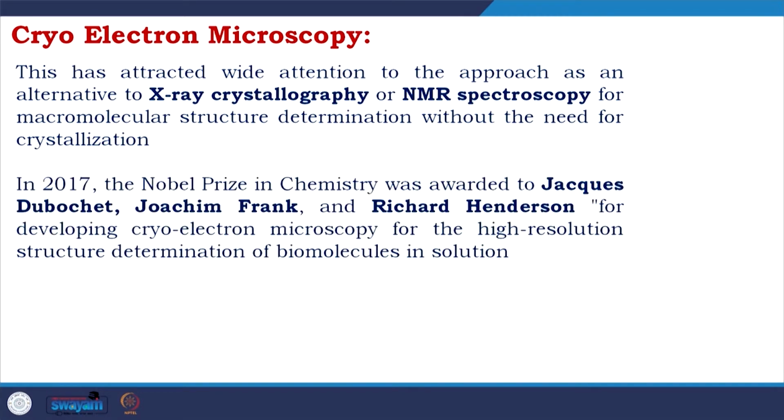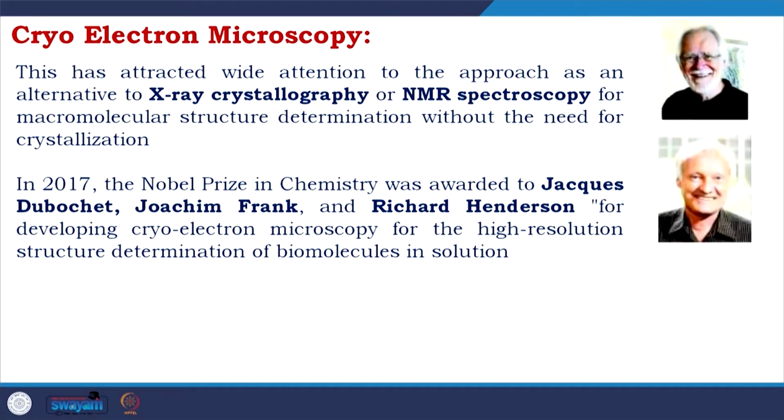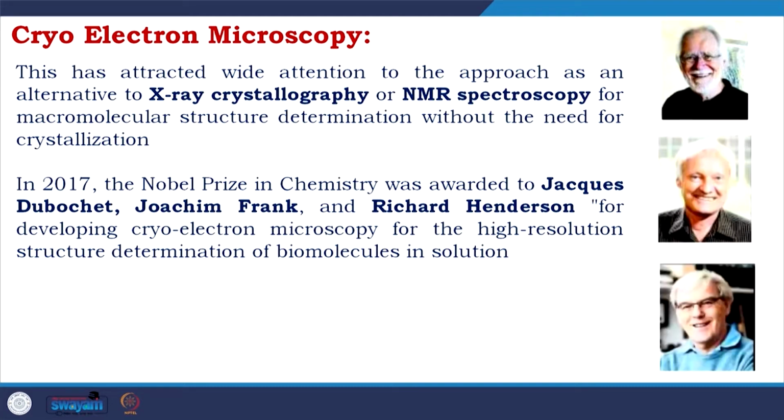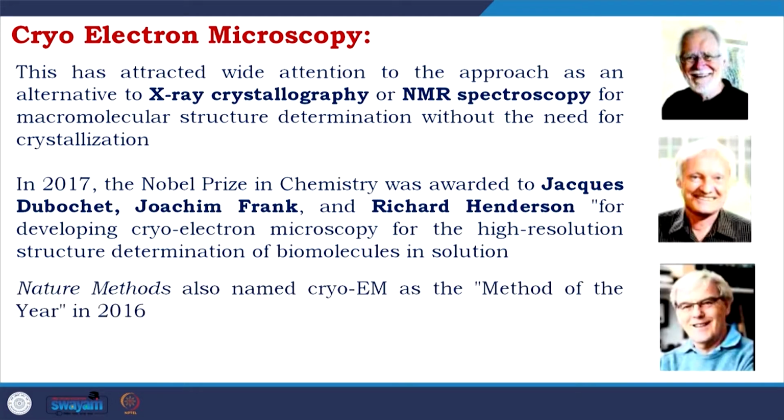In 2017, the Nobel Prize in Chemistry was awarded to Jacques Dubochet, Joachim Frank and Richard Henderson for developing cryo-electron microscopy for the high resolution structure determination of biomolecules in solution. This is Dubochet, this is Joachim Frank, and this is Richard Henderson. Also, Nature Methods named cryo-EM as the method of the year in 2016.